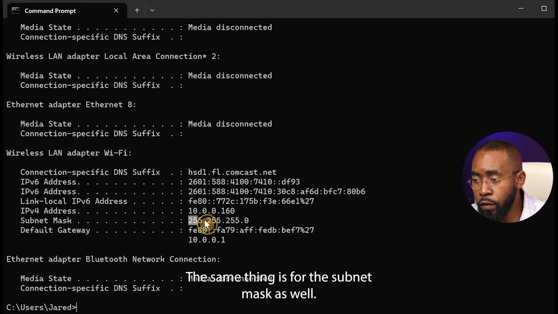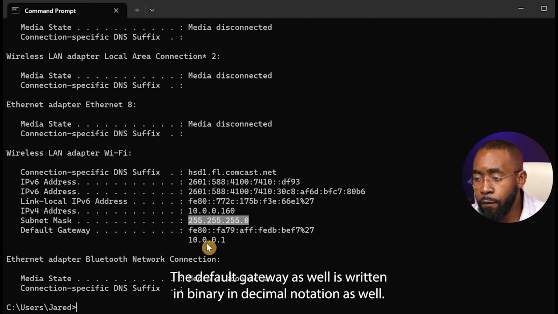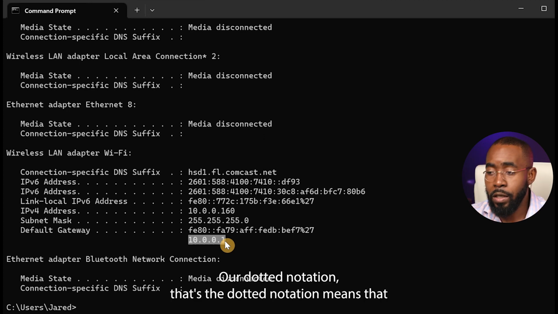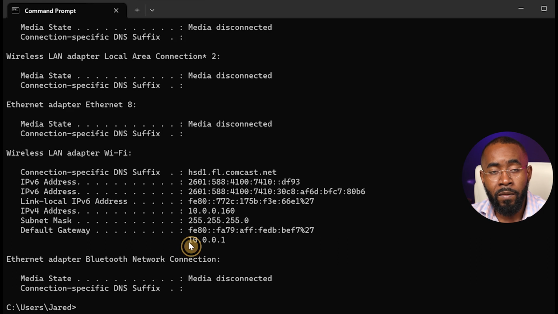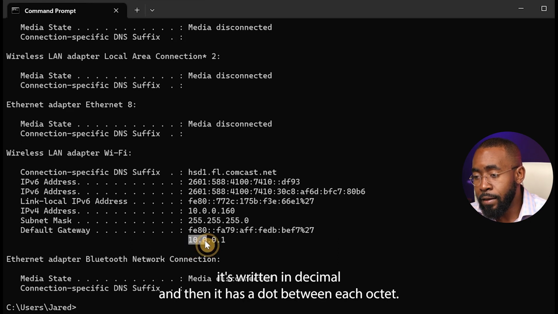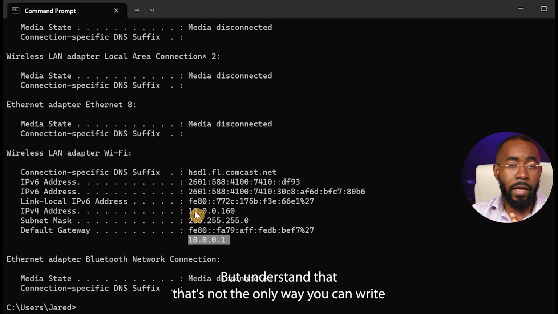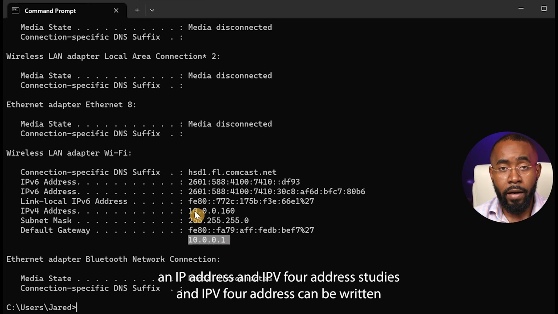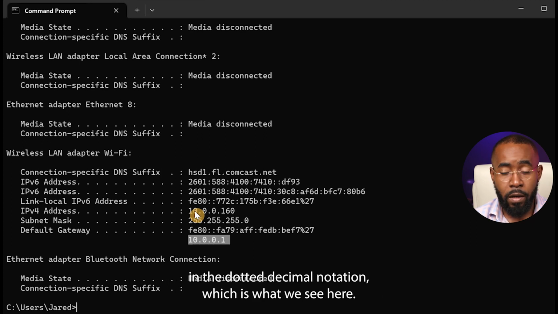The same thing is true for the subnet mask as well. The default gateway as well is written in decimal notation, or dotted notation. Dotted notation means that it's written in decimal, with a dot between each octet. But understand that that's not the only way you can write an IPv4 address. An IPv4 address can be written in the dotted decimal notation, which is what we see here.